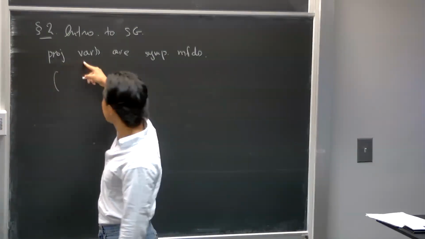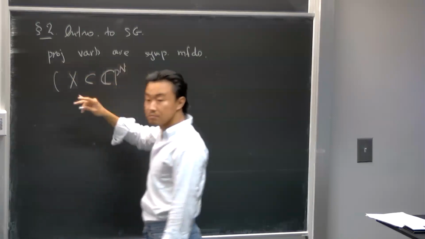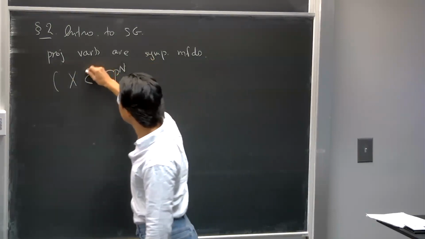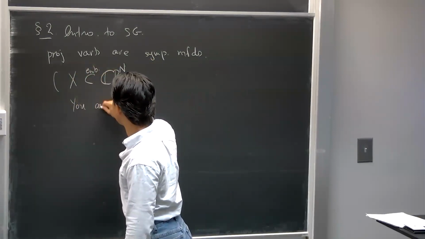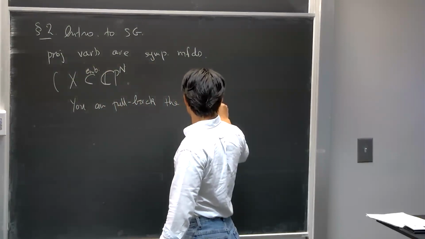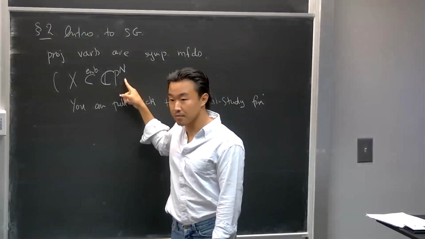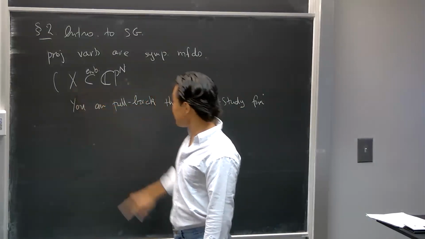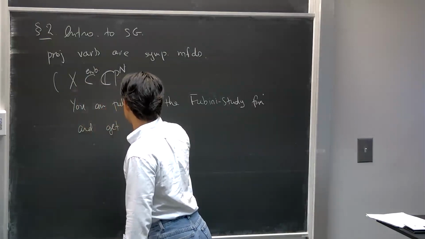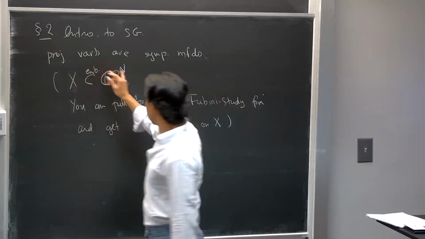That's because given a projective variety, you choose an embedding into a projective space, and then you can pull back the Fubini-Study form, which is the symplectic form for the projective space, and then you get a symplectic structure on the variety X.